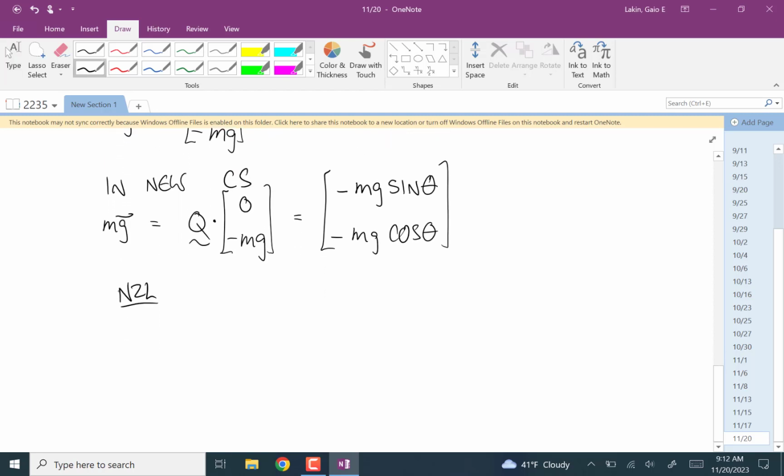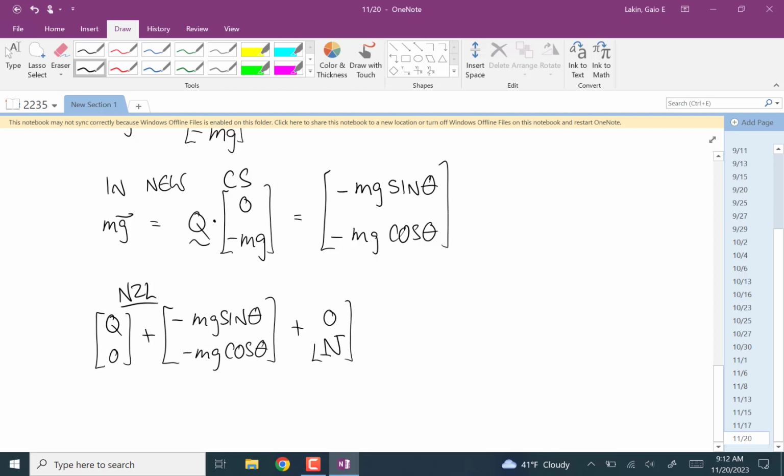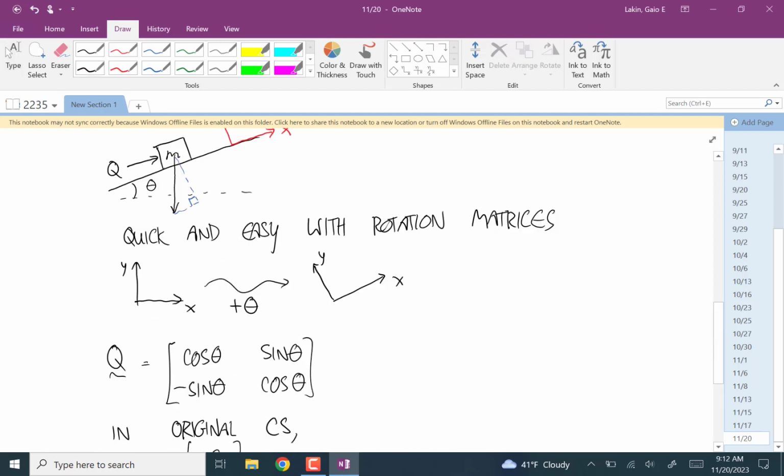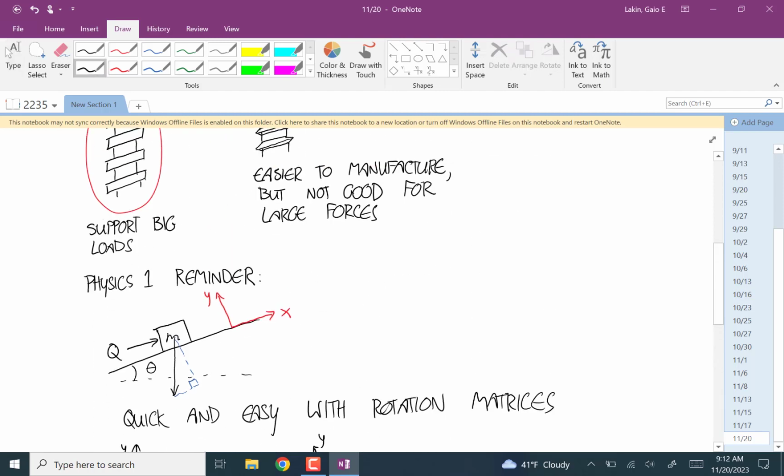So Newton's second law says Q, 0, plus negative mg sine theta, negative mg cosine theta, plus 0, n, plus, we have to know which way the impending motion is going to be if this is a static case.